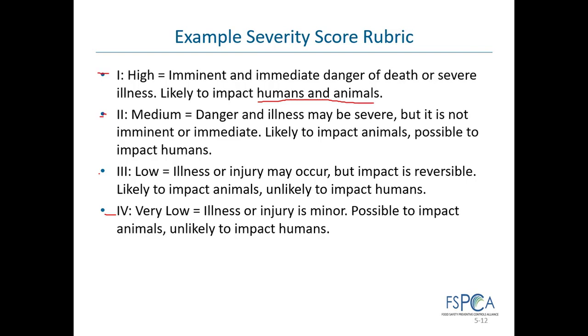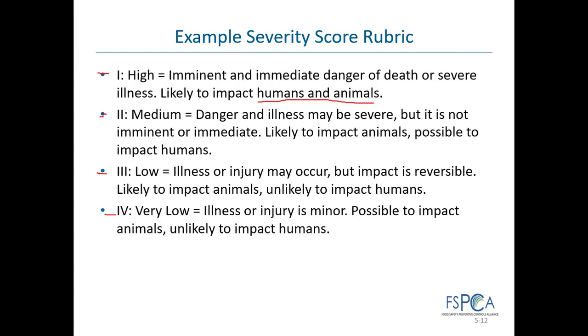I've seen companies use 3 rankings or 5 rankings. You don't have to use Roman numerals. You can use numbers or just descriptions. So tailor it to what makes sense to you. Or I've even seen companies take this directly out of this curriculum and use it, which is totally fine as well. As long as you have some language built for a scoring rubric, then you should be good to go.